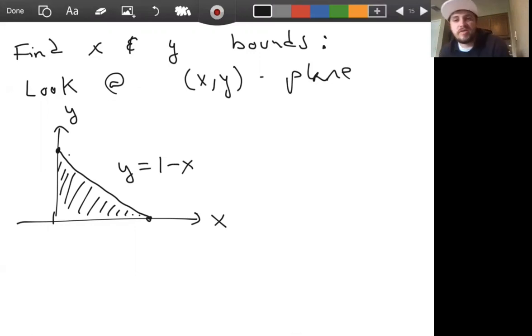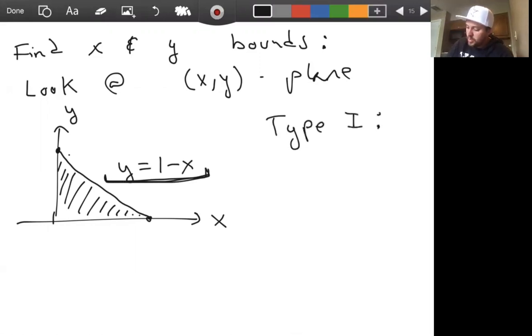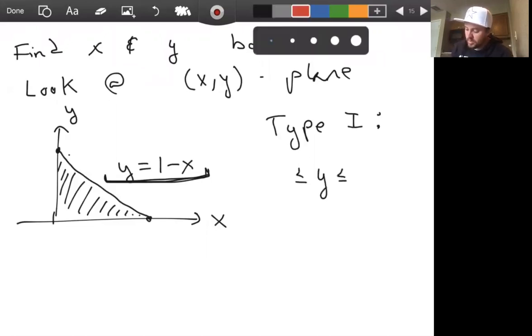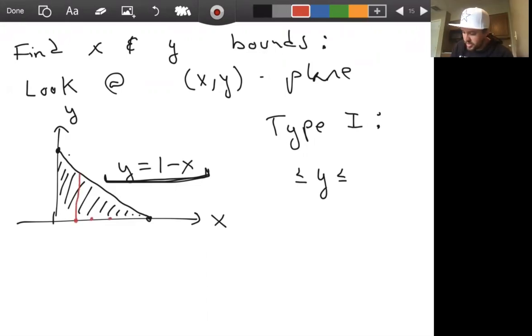And we can describe this as a type 1 or type 2 region, depending on however you want to look at this. Since I already have considered y equals 1 minus x, we can write this as a type 1 region, where our y bounds, well, we have to look at the height, right? What is the height? Well, we start at 0 always, no matter where we're at on this line.